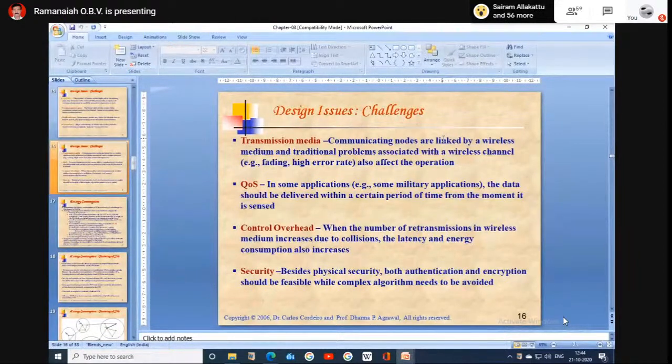For example, if military people are sharing data for an attack, let us say in another 10 minutes they are planning an attack, and some enemy soldier has obtained this data secretly and spent about 1 hour to decode it. But before that, the attack took place. So it is of no use.